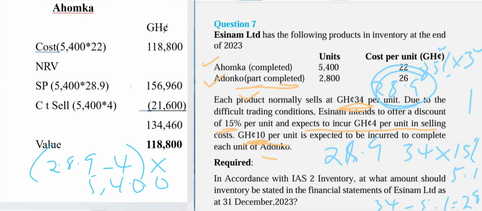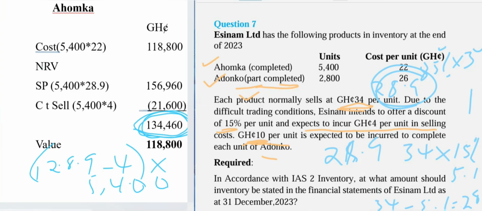So 28.9, which is the selling price, minus 4, and then multiply by your 5,400. You should get the same figure here. You should get the net result, 134,460.